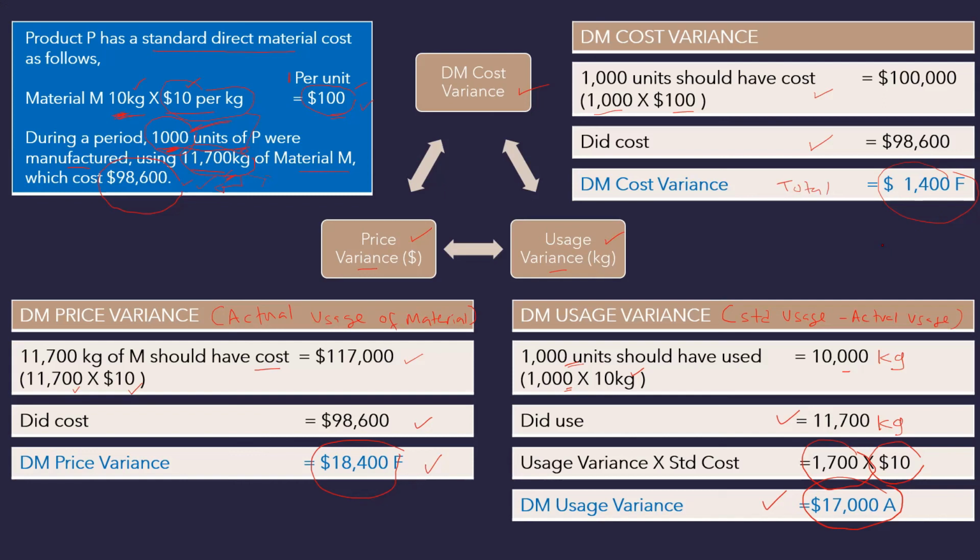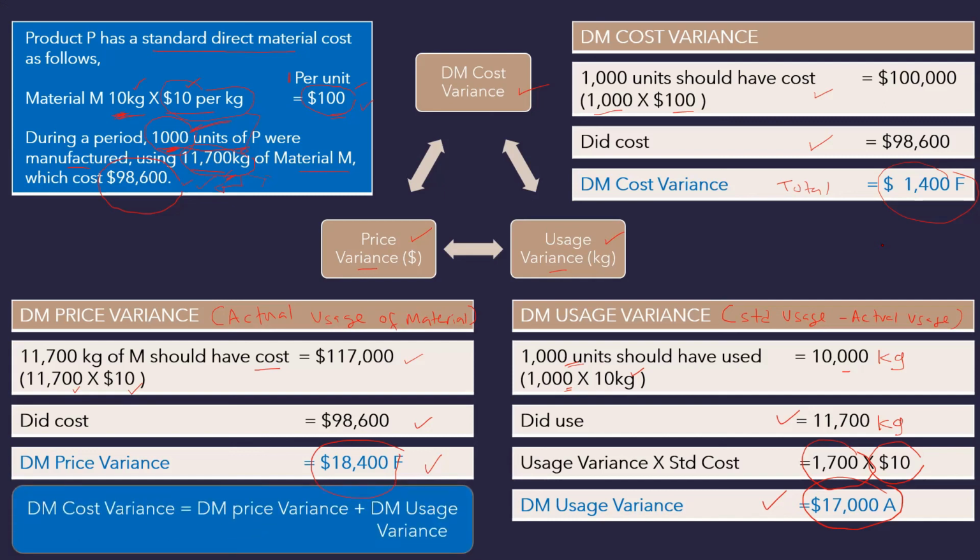This is how you calculate the direct material price and usage variances. Therefore, the direct material cost variance consists of the direct material price variance and the usage variance.